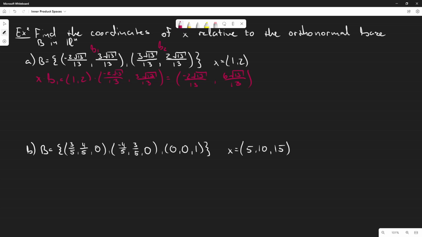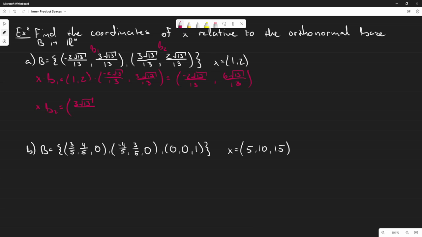And then the next one is the same thing, it's just the second vector, so x dotted with b2.